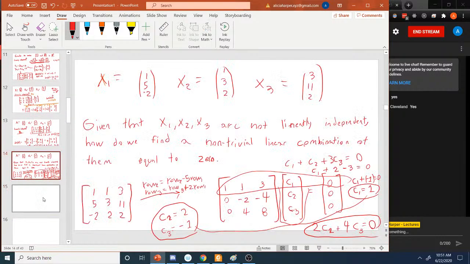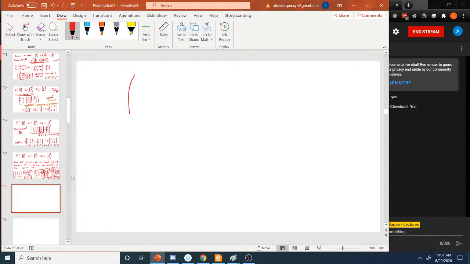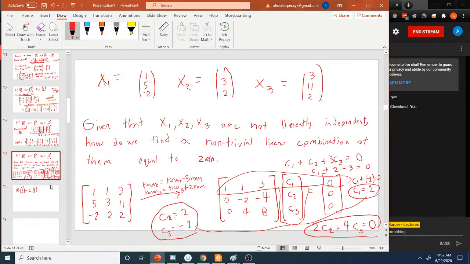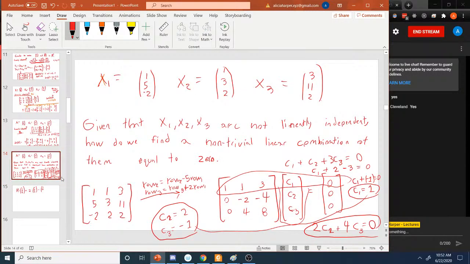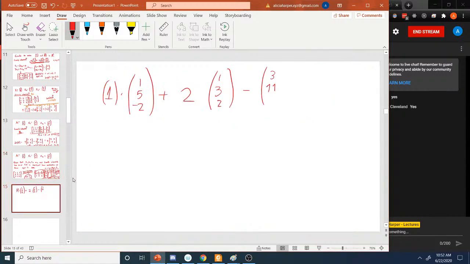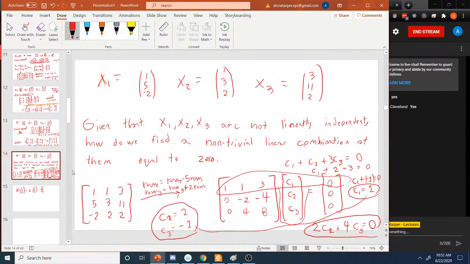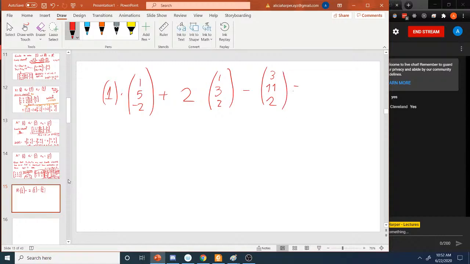And we can write it down over here: the vector 1, 5, negative 2 times 1, plus 2 times the vector 1, 3, 2, and then minus the vector 3, 11, 2, is equal to 0.